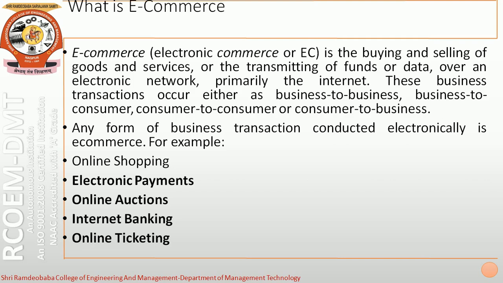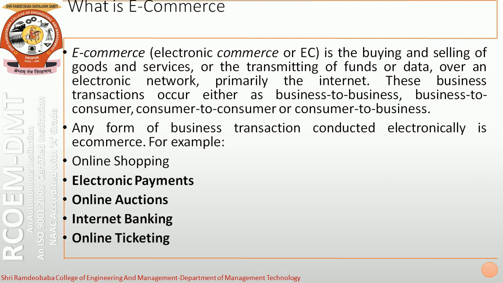Or business to consumer, like the consumer goes and buys something from the online seller or acquires some information or learns something. Or consumer to consumer, for example OLX or eBay, where consumer to consumer transaction takes place, or it could be consumer to business.